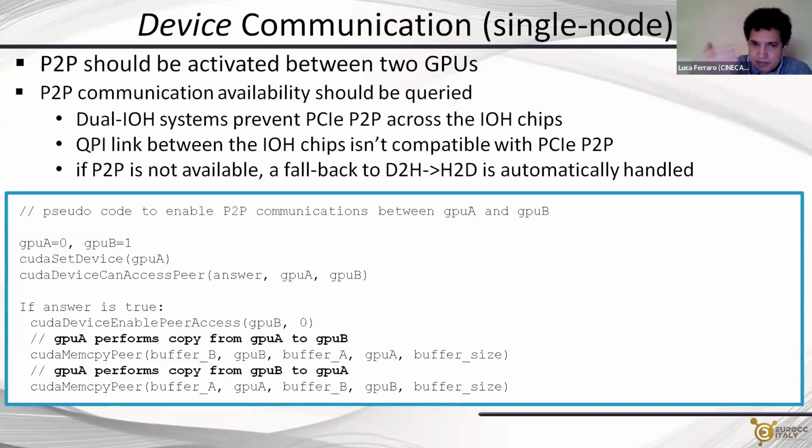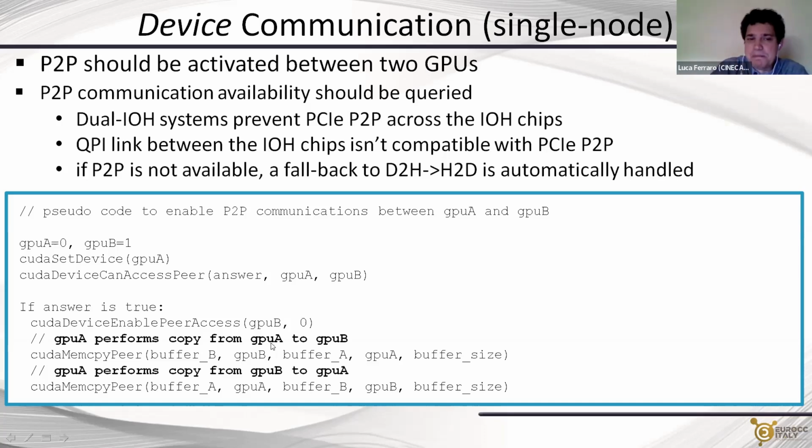Okay, so let's recap. If you want to exchange some data between two or more devices, you have to check if the peer-to-peer communication is enabled. If this is enabled, you activate this communication with CUDA device enable peer access with some destination, and you can exchange data with CUDA memcpy peer from me, which is GPU 0, to the other GPU B, and forth and back.